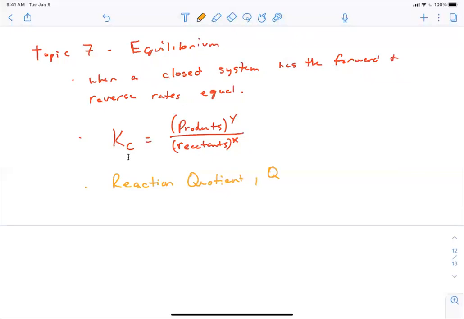And we also have to address Q there. Okay, so Q identifies at what state the reaction needs to shift to reach equilibrium.